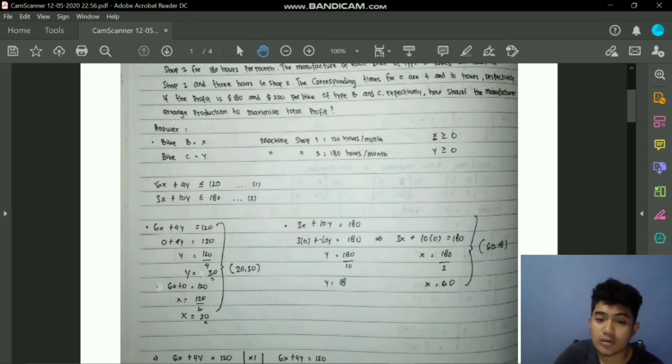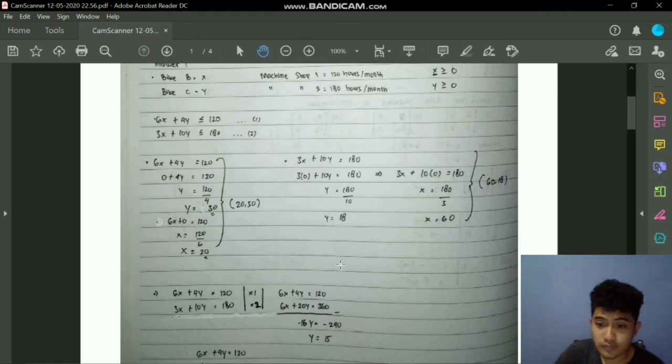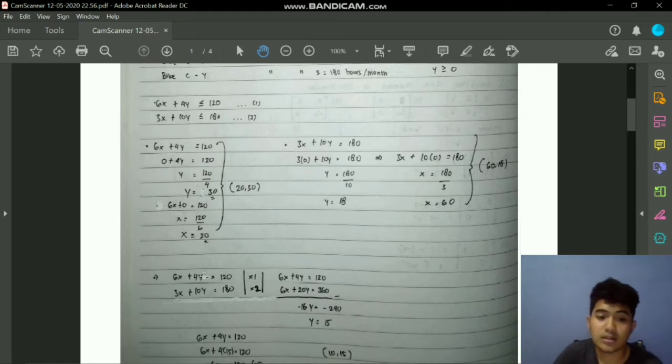We do the same for 3x plus 10y equals 180. We use x as 0 and y as 0 too, and we get x is 60 and y is 18. Then we eliminate 6x plus 4y equals 120 and 3x plus 10y equals 180, and in this case we must equalize either x or y.